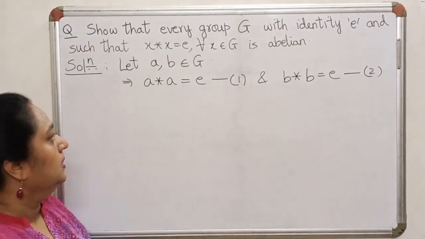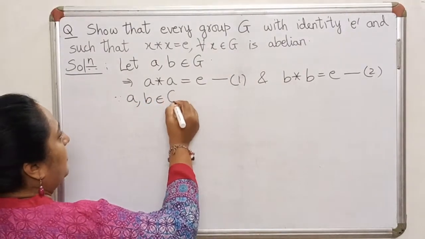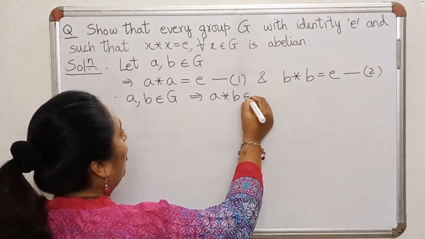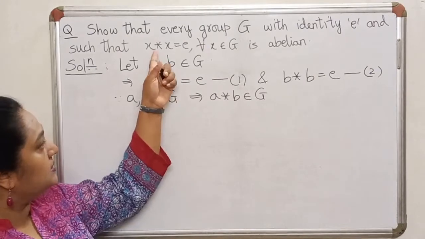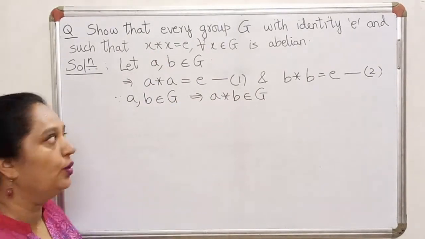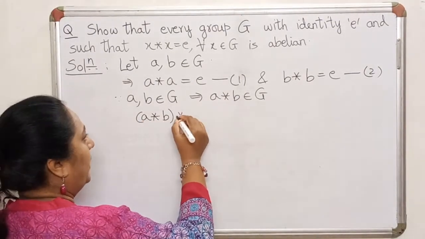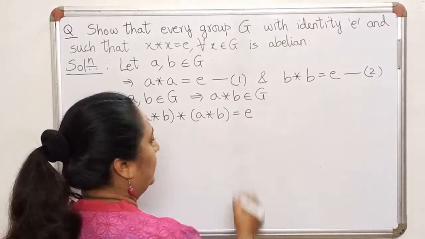Further, since A and B belong to G and star is a binary operation, A star B should also be an element of G, and therefore this equation must be satisfied by this element also. That means this element combined with itself should give me identity.